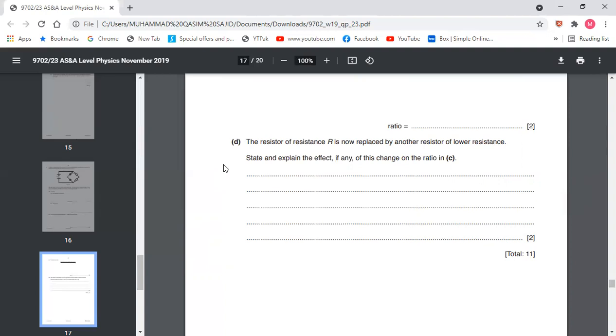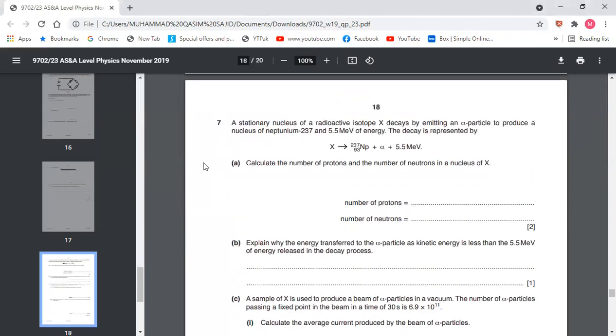Now the current in the battery increases, so power also increases. That's why the power increases. So this is the logic. Okay. Yes sir. Okay. Now this is the end of question number 6.